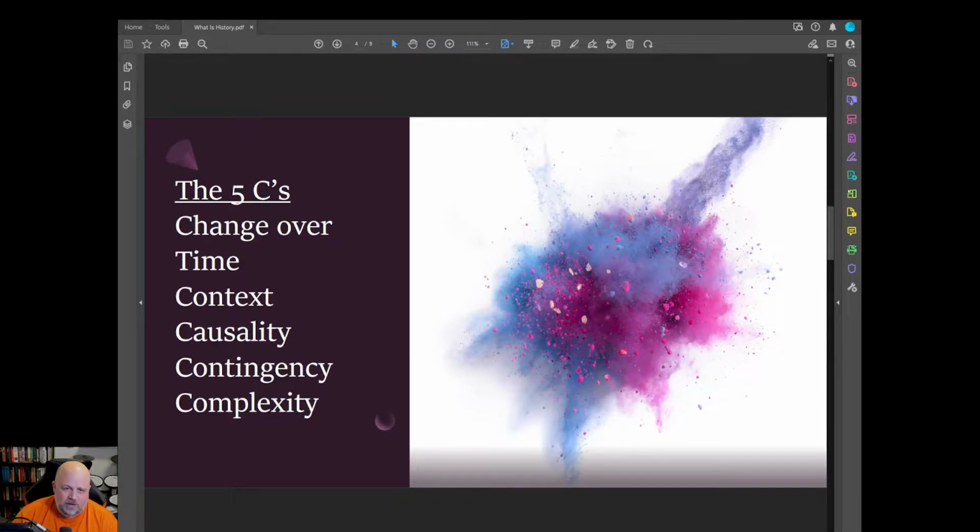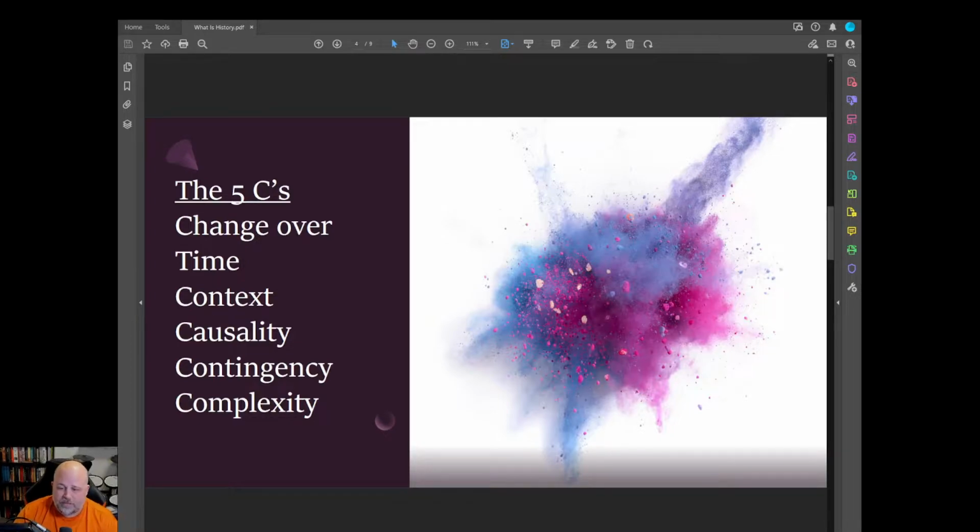Here they are again. When we're doing the pre-reading for a primary source, what we're really looking for is context. We need to know the basics of the primary source. We need to know about the author, the time period, the intended audience, all that sort of stuff.